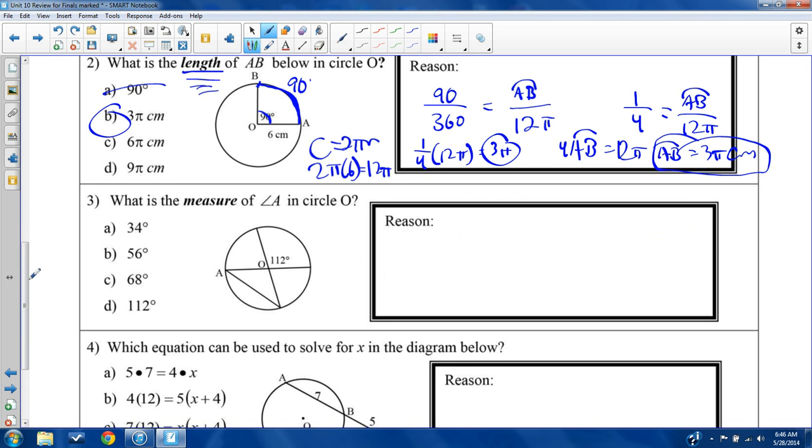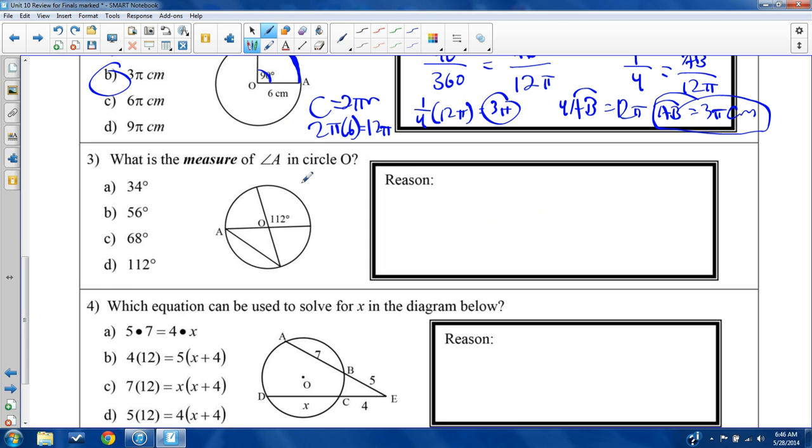Length, not measure. Number 3, what is the measure of angle A in circle O? O is at the center right here. You have 112 degrees as a central angle. So that means this arc measure out here is 112, just this guy right here. Now, what I am looking at right here in purple is a diameter.